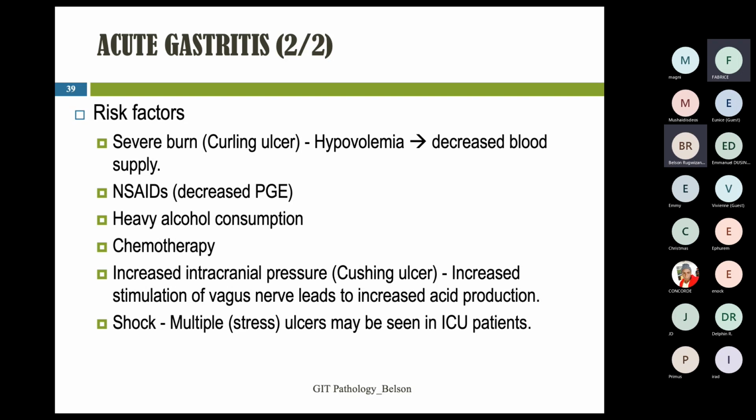So this is one of the reasons. Else nerves nubwo ishobora kuba stimulated na intracranial pressure, ariko ishobora no kuba stimulated na psychological issues. So bigatuma psychology itera vagus nerve gutuma igifu gikora acide nyinshi, then with acute gastritis and so on.